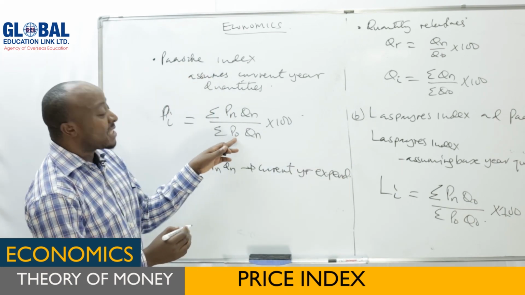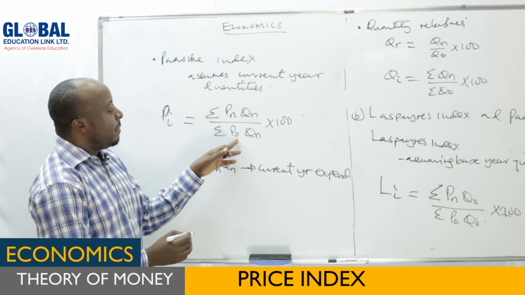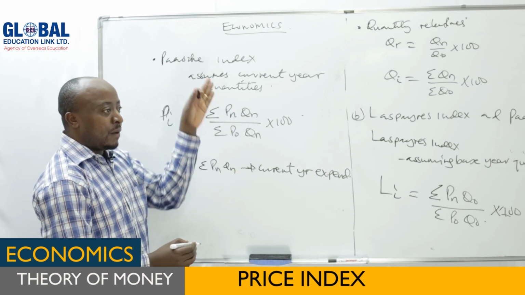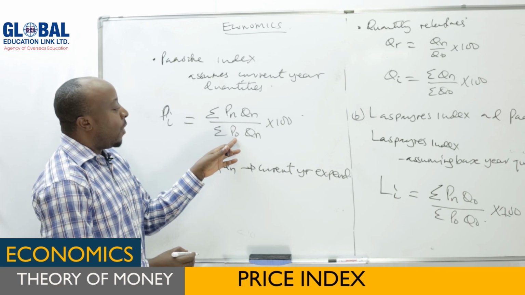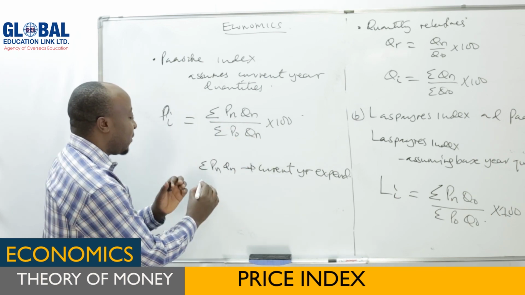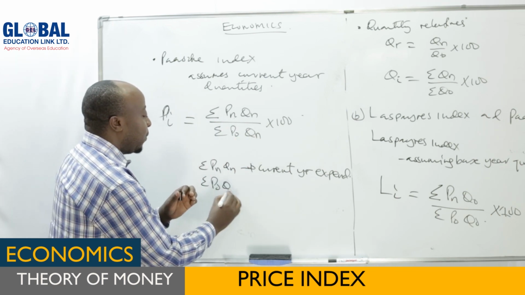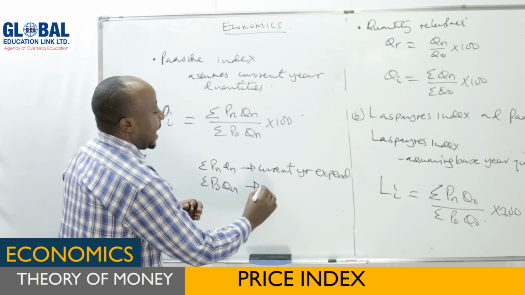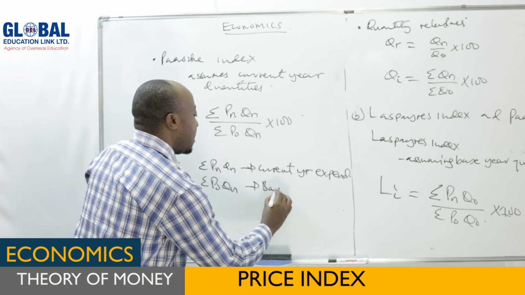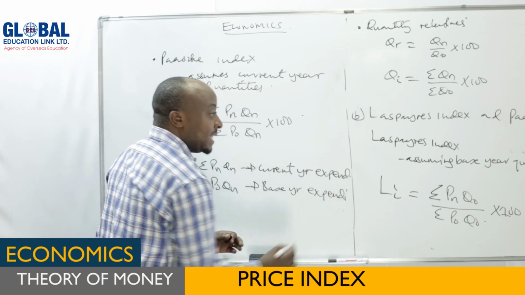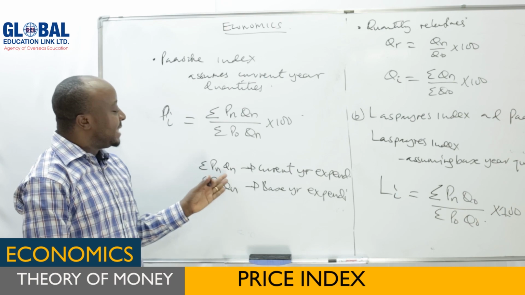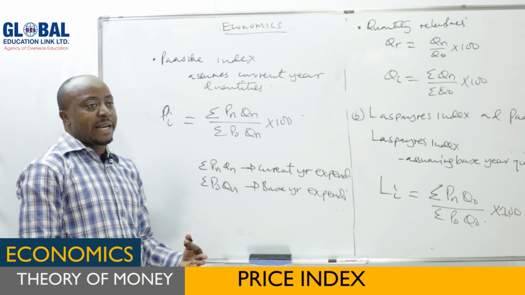But because of the previous price, if we take PO and QN, quantities are assumed to be the same in the two periods, so only price has changed. This summation of PO QN stands for base year expenditure, the expenditure individuals made in the base year. But this one is the expenditure individuals made in the current year.